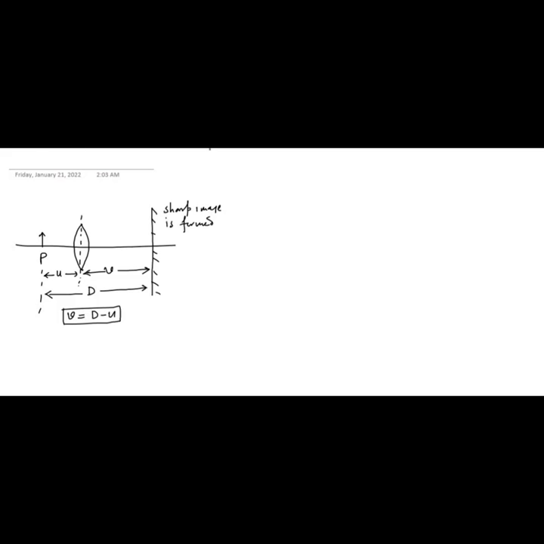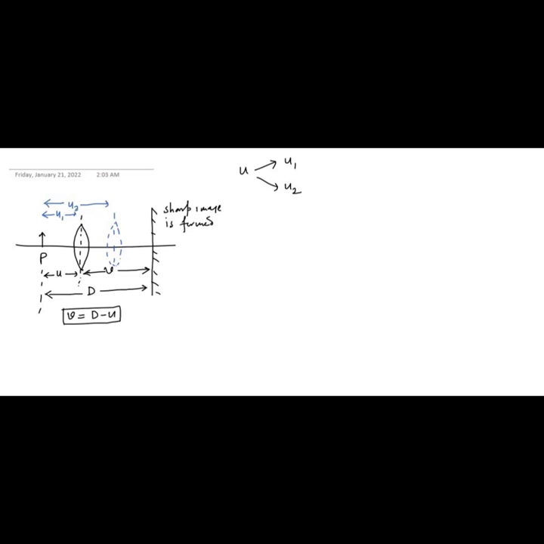So u has two values, u1 and u2. If this position is u1, there must be another position of the lens for which there will be a sharp image of this object on the screen. If this is u1, then this must be u2.